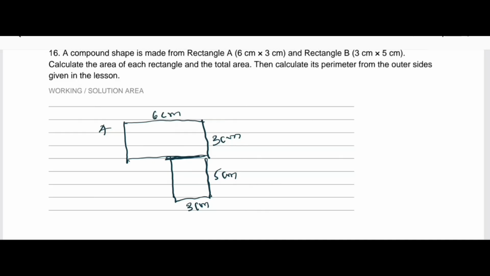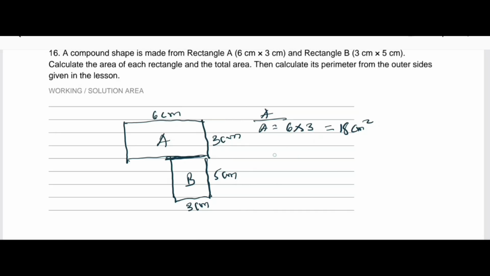So now the question is, calculate the area of each rectangle. So this is rectangle A, this is rectangle B. For rectangle A, area is equal to 6 times 3, which is equal to 18 centimeters squared.